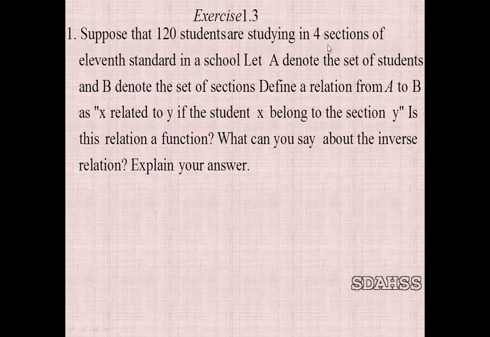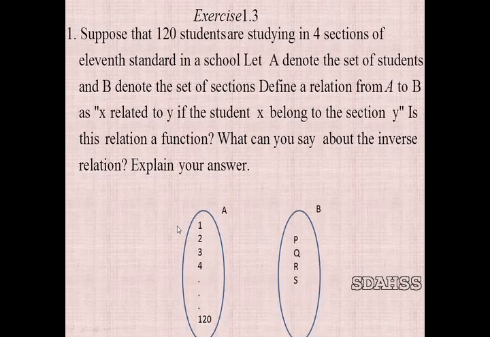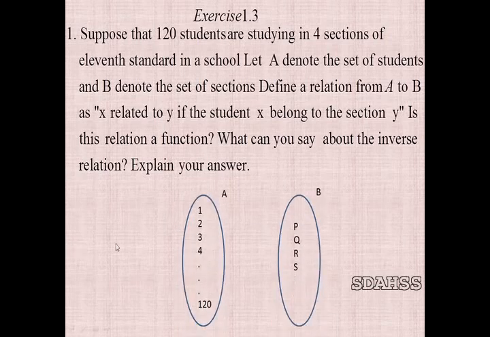Suppose that 120 students are studying in 4 sections. So totally 4 sections are there. In 4 sections there are 120 students studying. Set A refers to the set of students, totally 120 students.